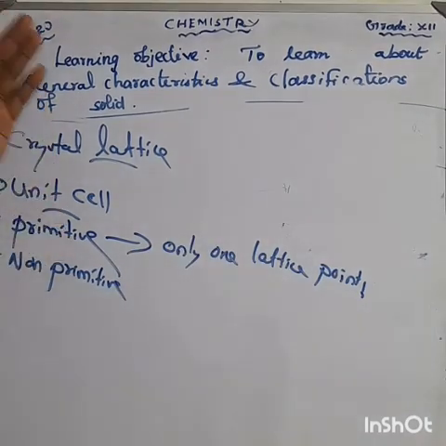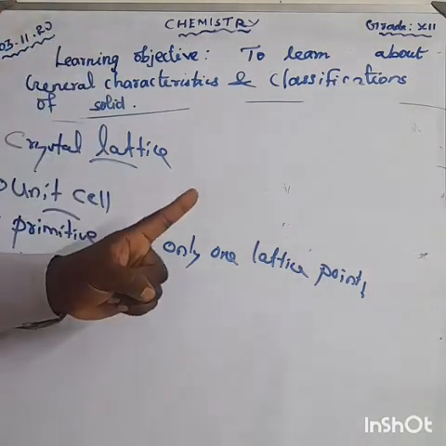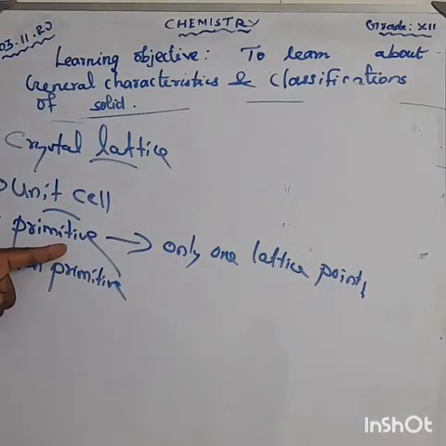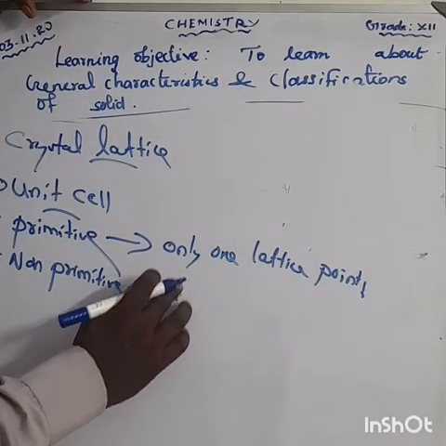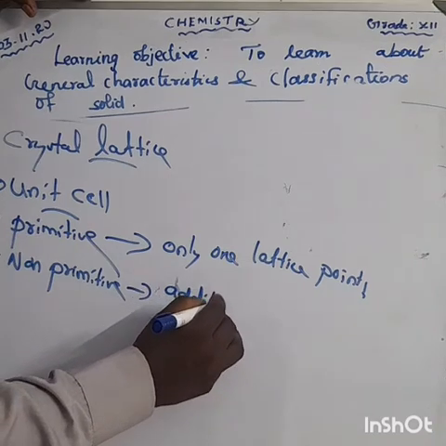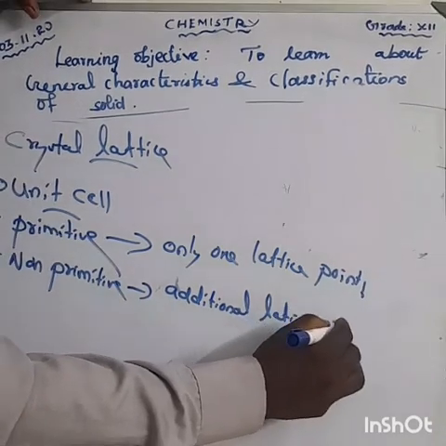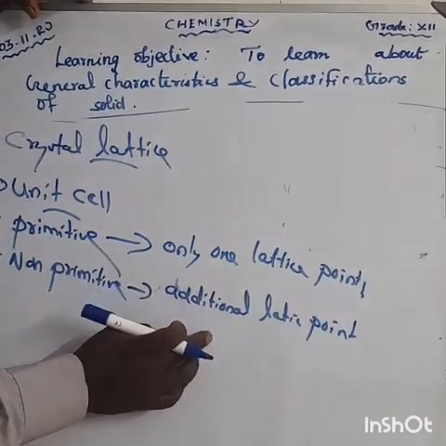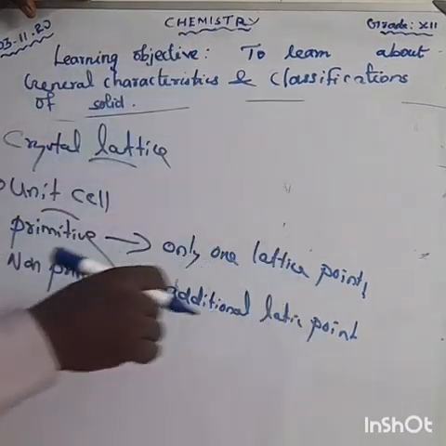A unit cell containing only one lattice point is called a primitive unit cell. Non-primitive unit cell means there are additional lattice points, either on the faces of the unit cell or within the unit cell.